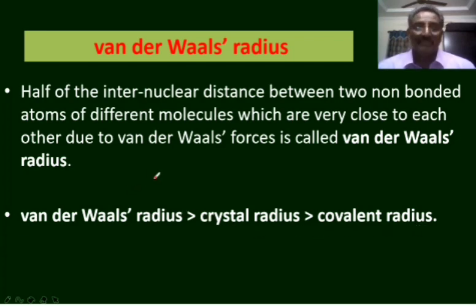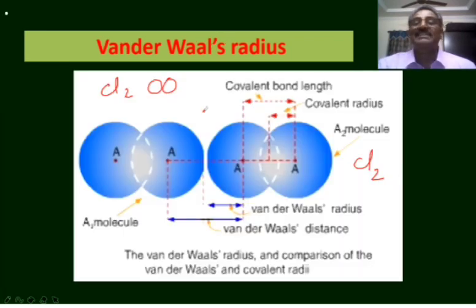Usually, the van der Waals radius is 40% more than the covalent radius. So, for metals, the radii are measured in terms of the crystal radius or metallic radius. For non-metals, the radii are measured in terms of the covalent radius or van der Waals radius. For the elements which do not form compounds, like inert gases, the radii are measured only in terms of the van der Waals radii.